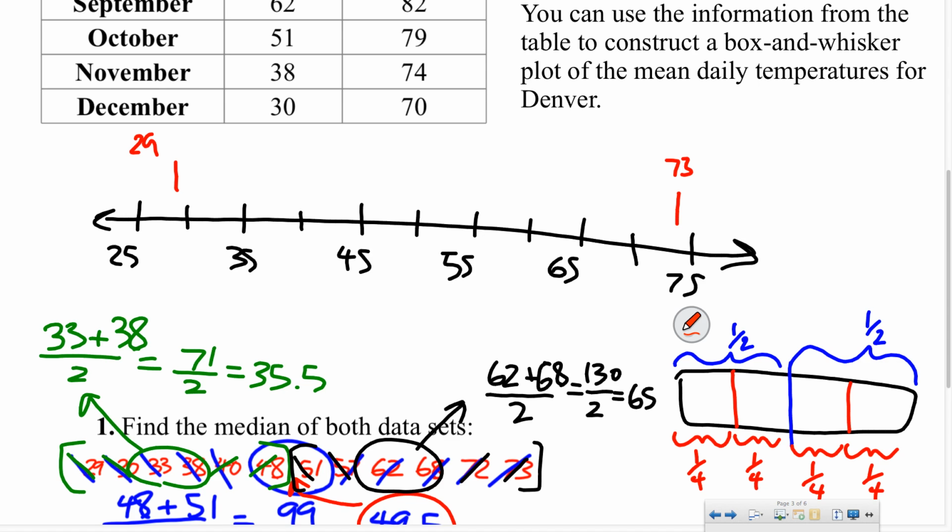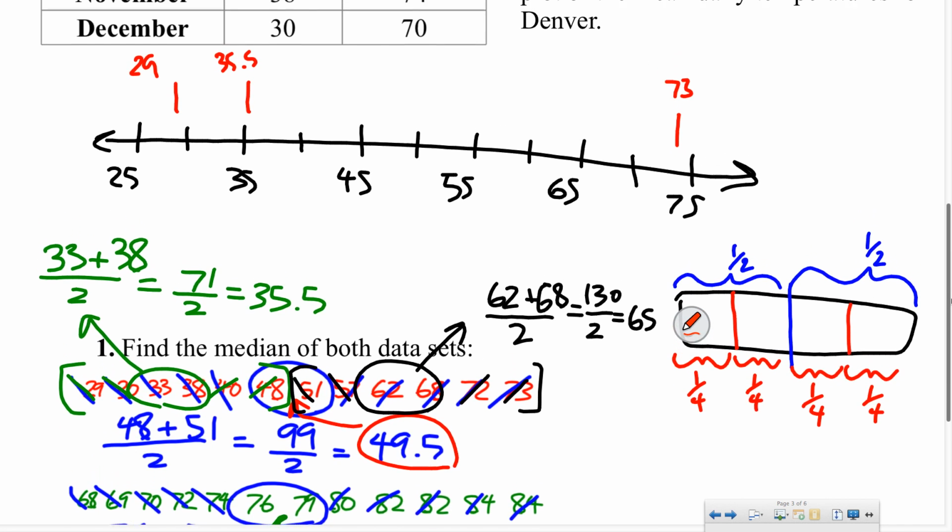Okay? Now, the lower quartile is how much? 35 and a half, 35.5. So it's just a tiny, tiny bit larger than 35. Okay? And then the median was what? We found the median.